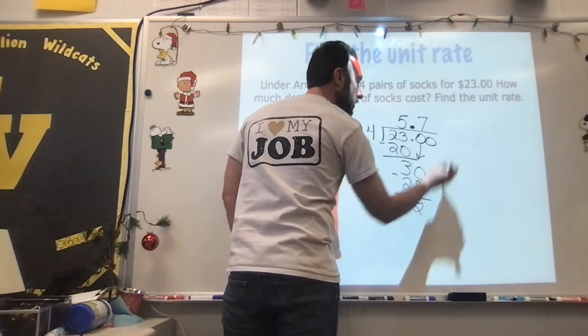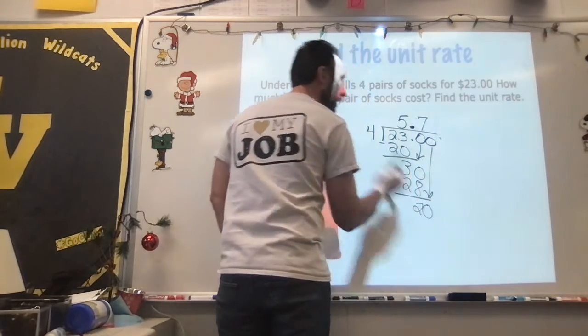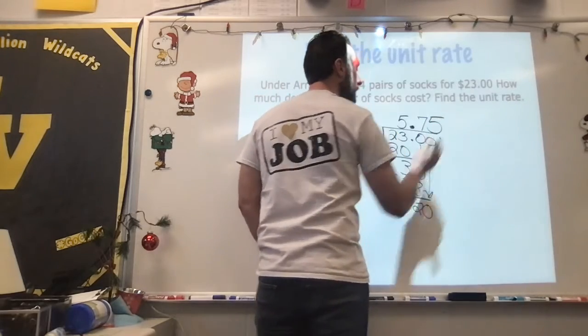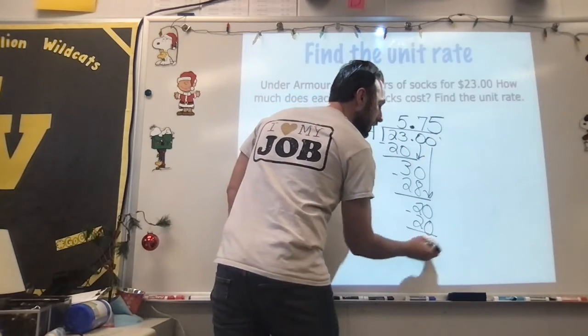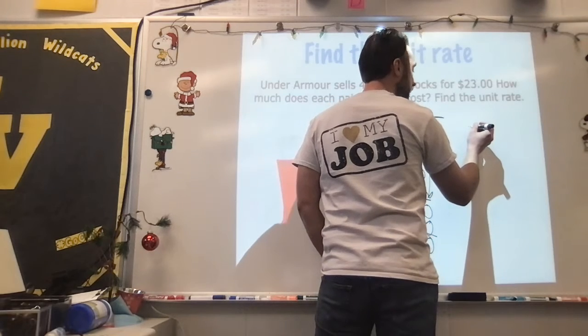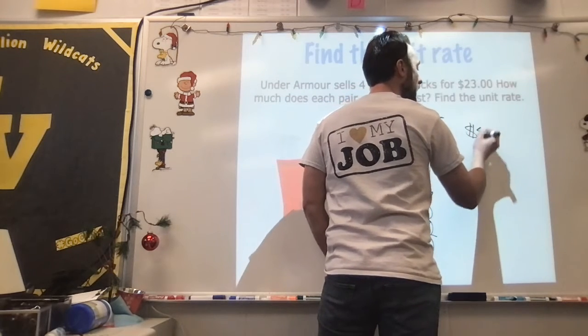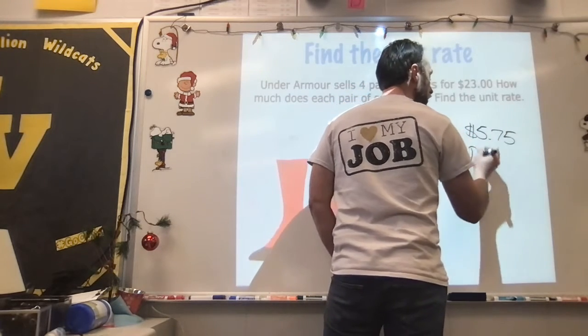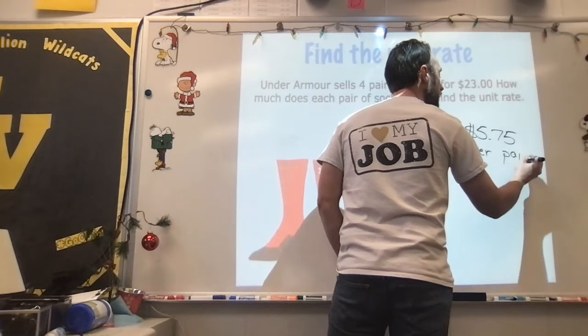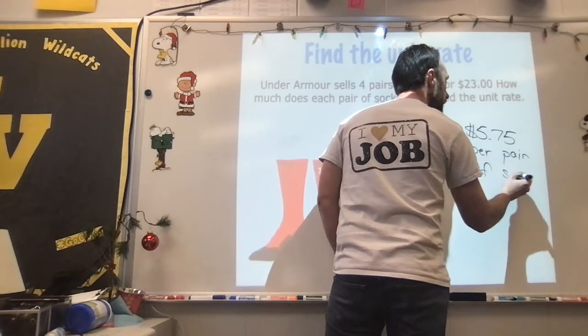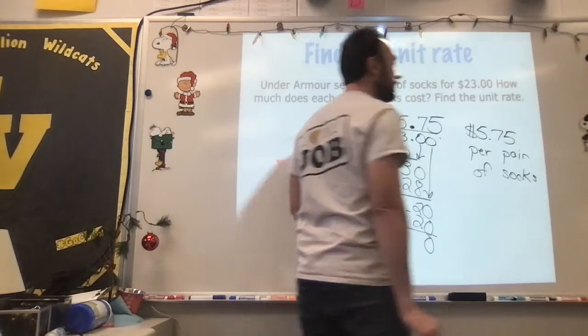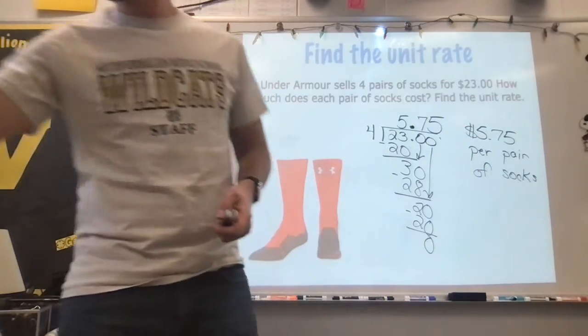I subtract to get 2. Bring that 0 down. 4 goes in 20 5 times. So that tells us each pair of socks costs $5.75 per pair of socks. That is the unit rate. That's per pair of socks.